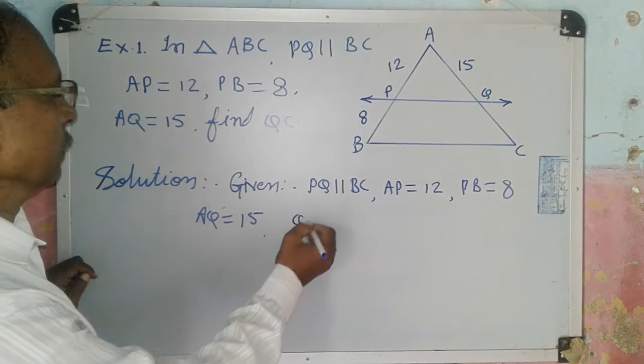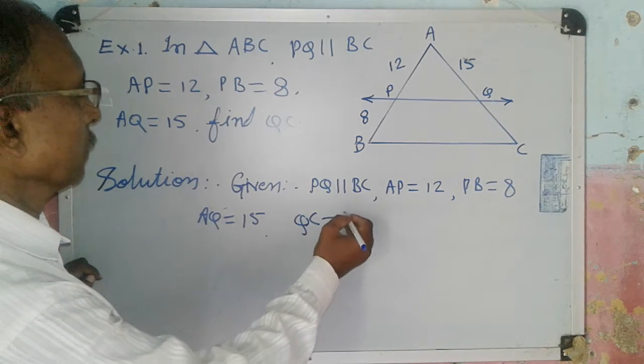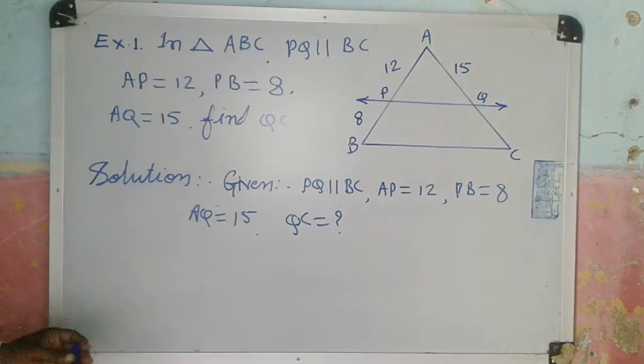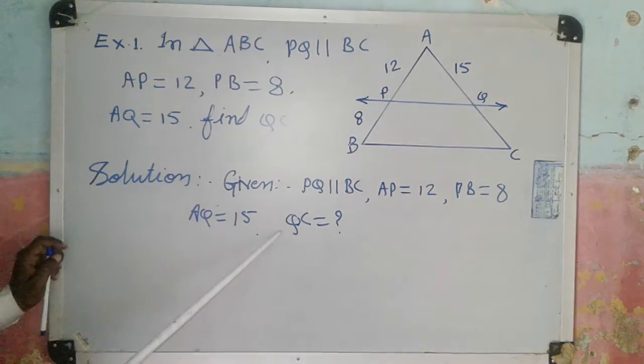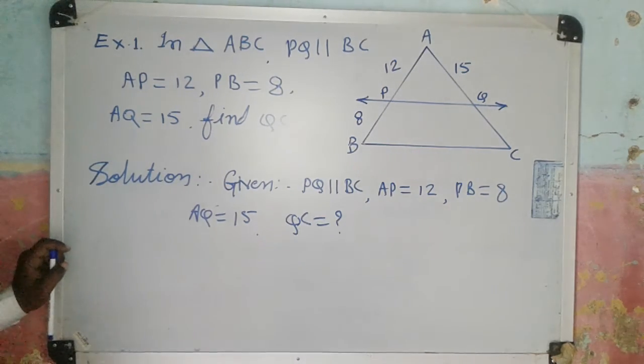You have to find QC. So, we know the basic proportionality theorem. We have to use this theorem here to find length of QC.